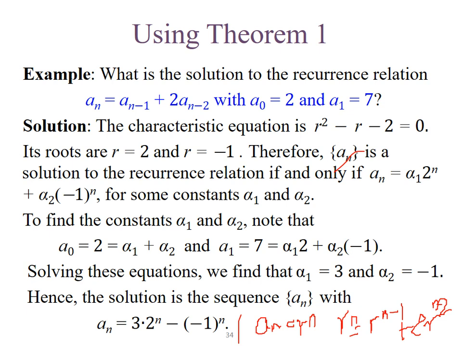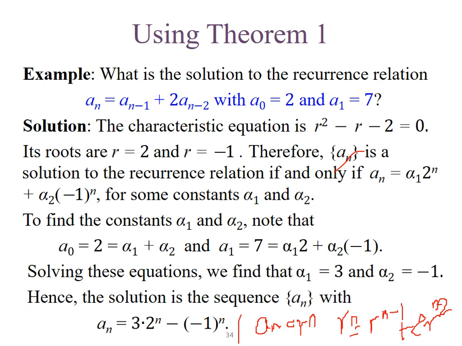Now we have only two unknown variables, alpha 1 and alpha 2. Then we can apply the initial conditions to solve for these two unknowns. Because a_0 is 2, once we apply n equals 0, we have alpha 1 times 2 to the power of 0, so that will be alpha 1, and -1 to the power of 0 is 1, so the second term will be alpha 2.